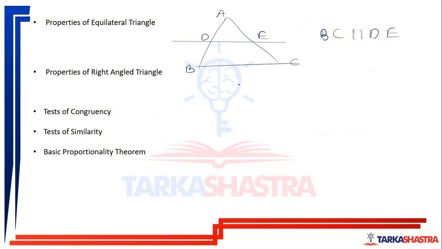So in this case, if we draw a line parallel to the third side, then the first thing: AD upon BD is equal to AE upon CE. दूसरी चीज, AD upon AB is equal to AE upon AC.